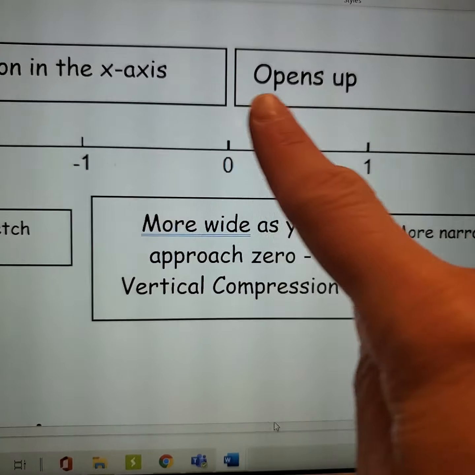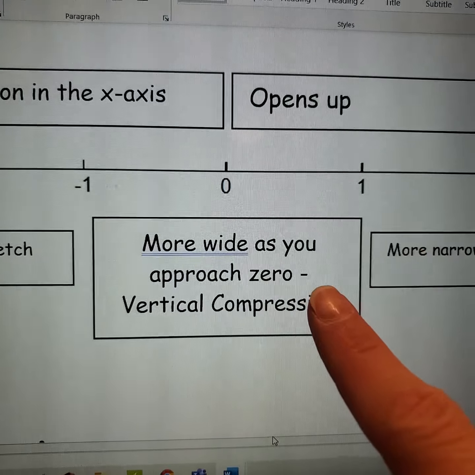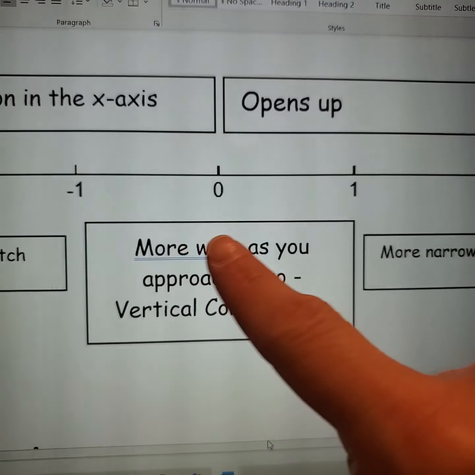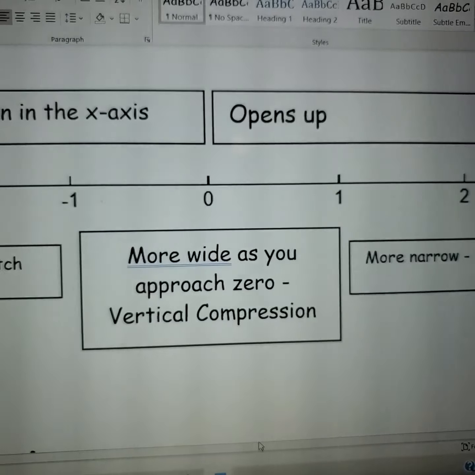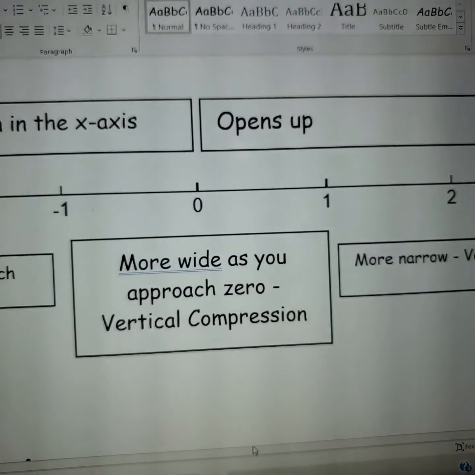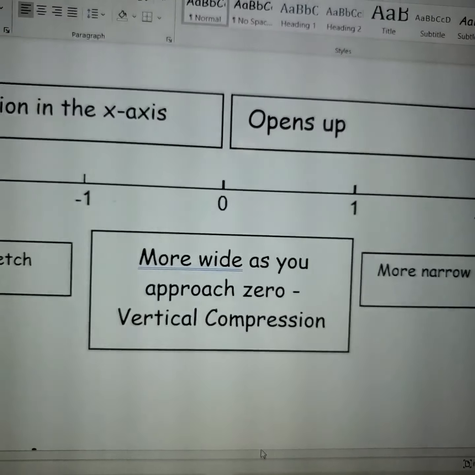A vertical compression exists when the value of A lies anywhere between -1 and +1. So for example, 8/9, 1/2, 1/5, 2/3. All of those A values would result in a vertical compression, which makes the parabola more wide.